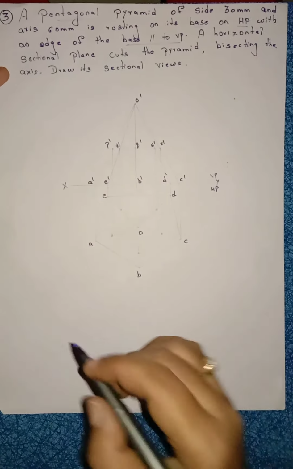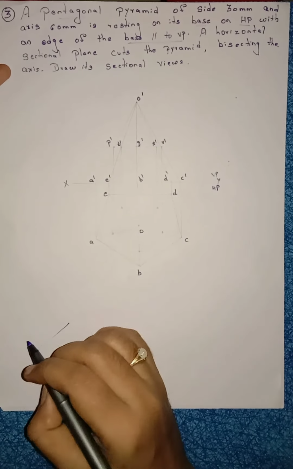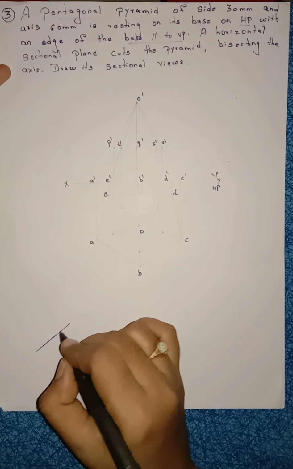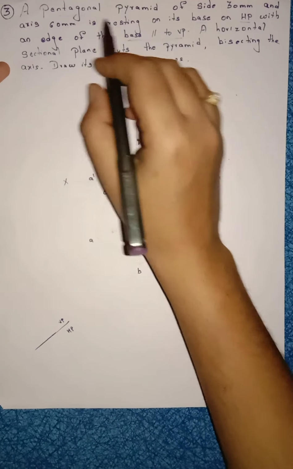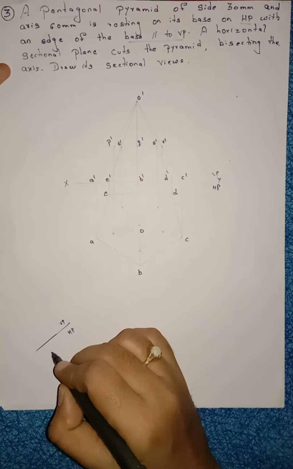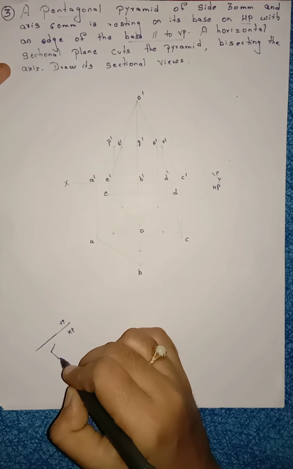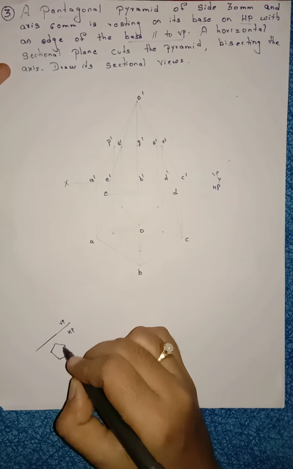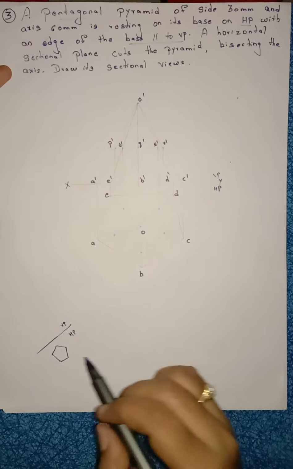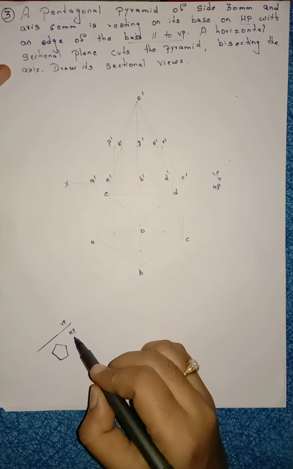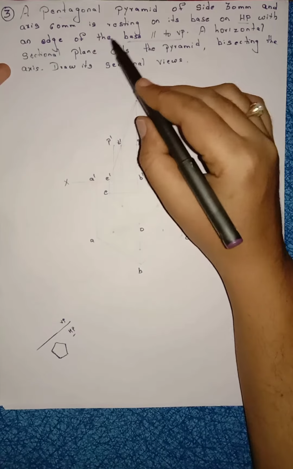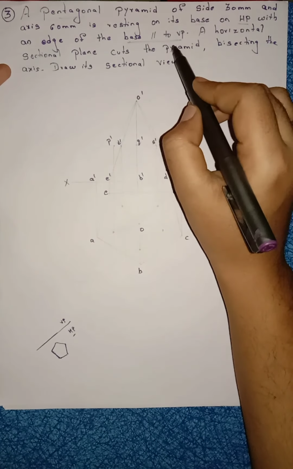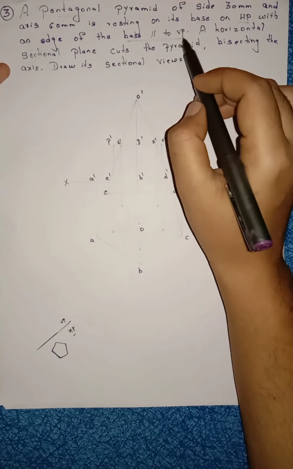Actually, when the base is on HP, how will we draw it? VP, HP, pentagon base on HP. We will construct it like this. But see the next condition: base parallel to VP also, with an edge of the base parallel to VP.